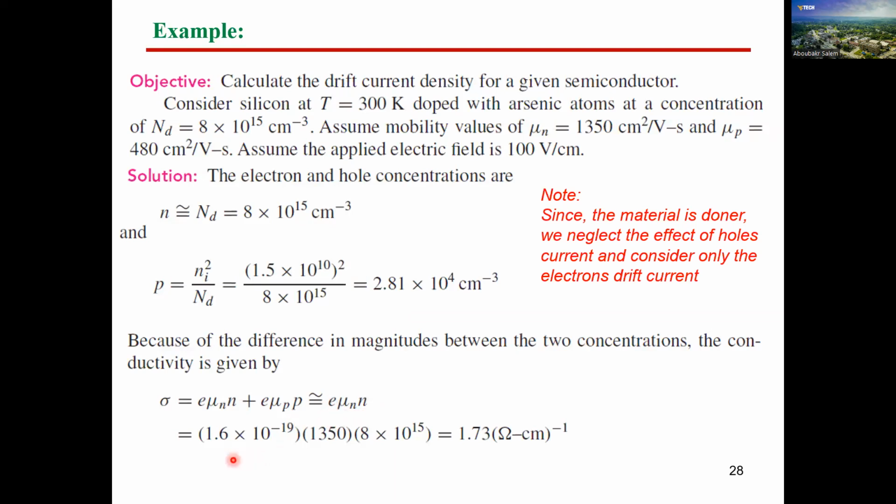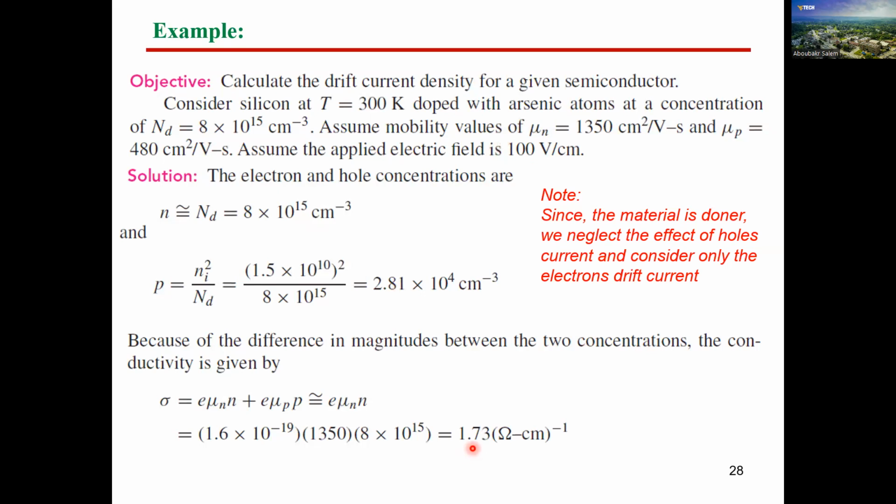So e is the electron charge, it's constant. The mobility of electrons is given here, 1350, and the concentration is also given, 8 times 10 to power 15.